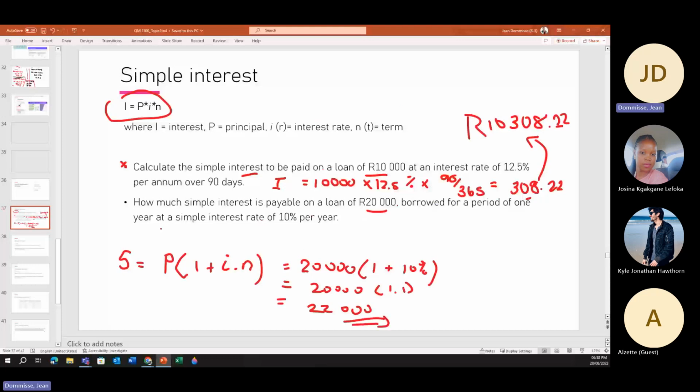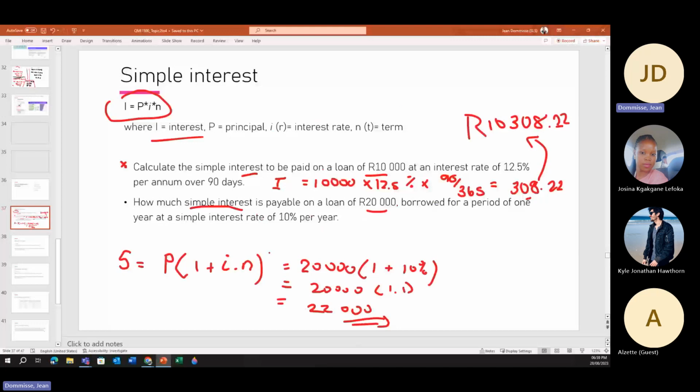Okay, so sorry, they just ask for simple interest. So again, we would have used that one for the simple interest, which would have been I equals P times R times T, which would have been 2,000. I thought they wanted the final answer.